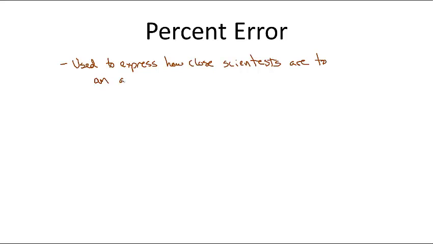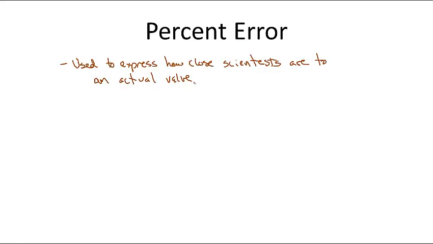All right, percent error. It is used to express how close scientists are to an actual value. So we use this in labs, right? What is your percent error? So we have maybe a known amount, and we're trying to measure it in the lab.